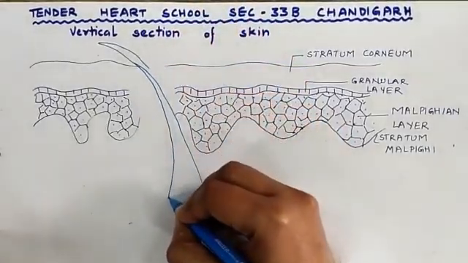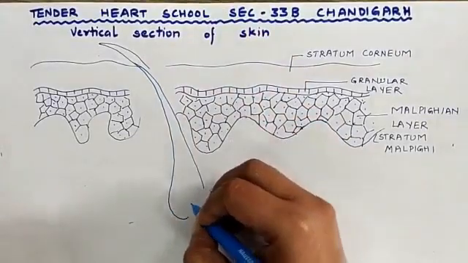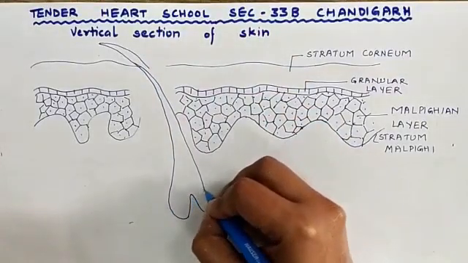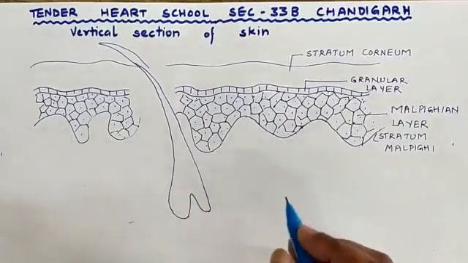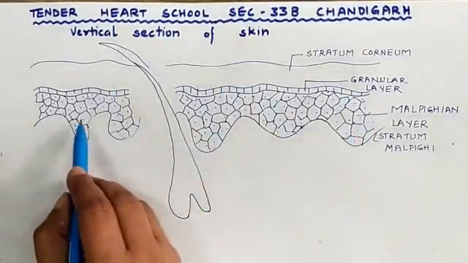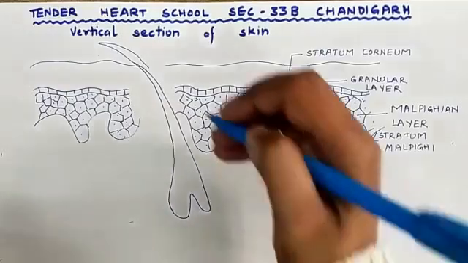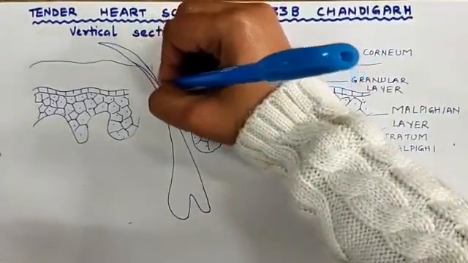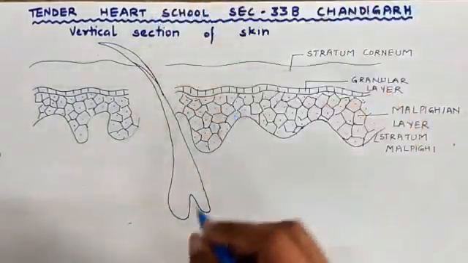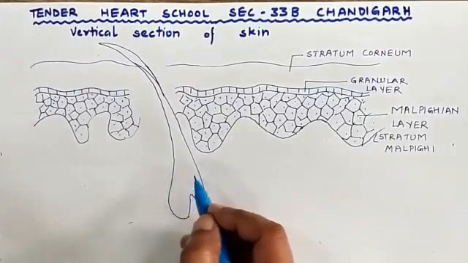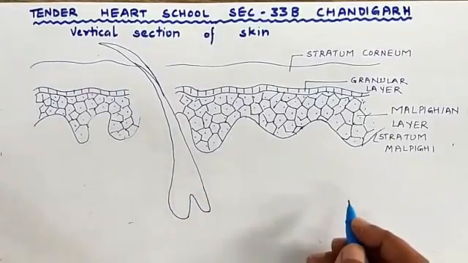So hair is present, the root of the hair is present inside the dermis. Dermis is the inner layer, outer layer of the skin is epidermis, and dermis is the inner layer. It is having various derivatives of the skin. One of the derivatives is this hair. So this is the root of the hair. Root of the hair is inside the dermis.